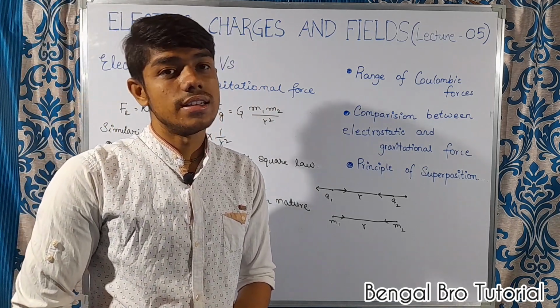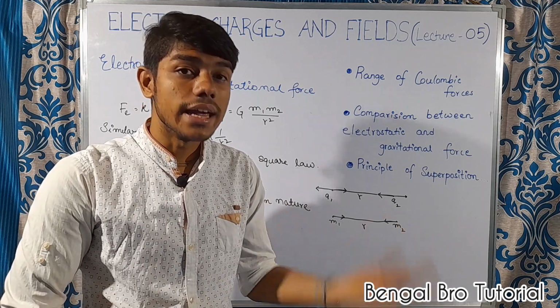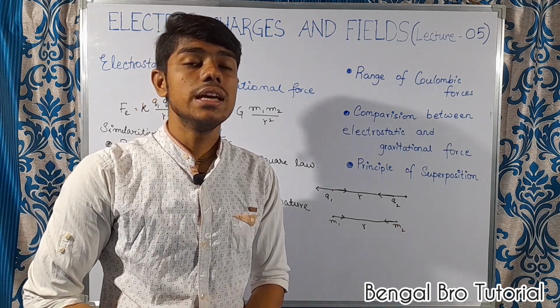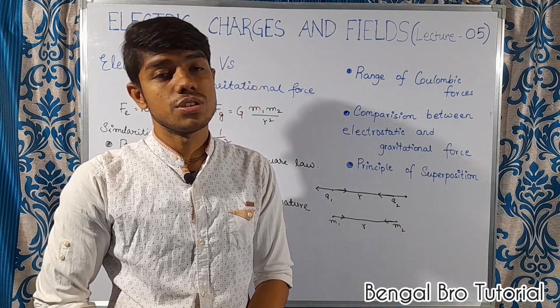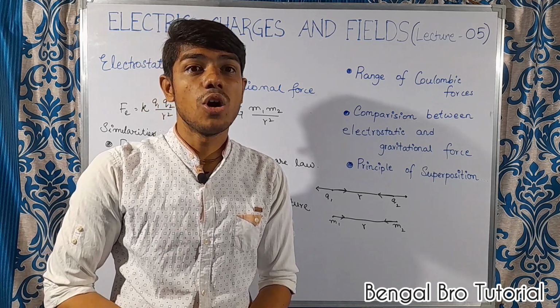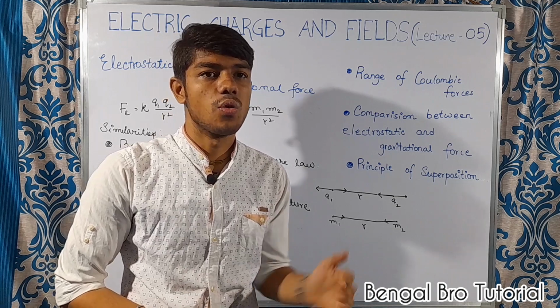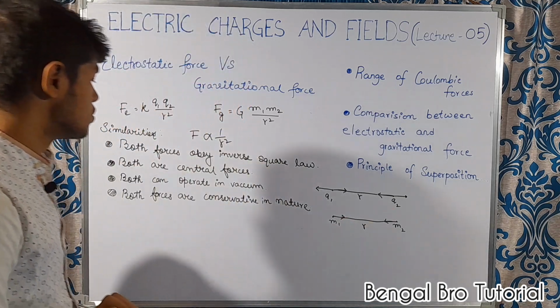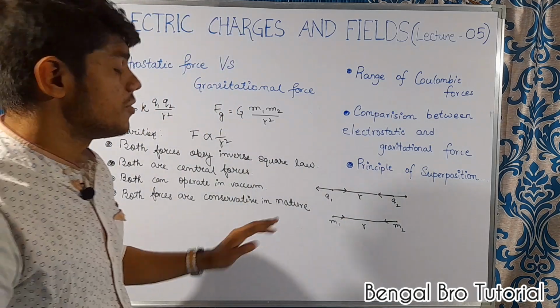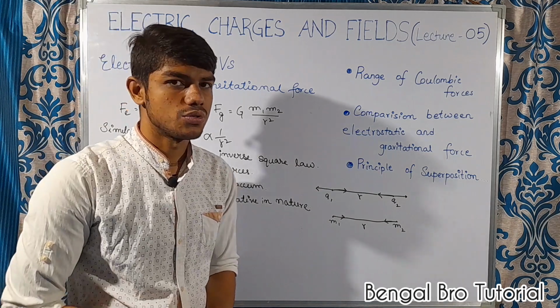The work done by these forces on any body will depend on the initial and final position of the two bodies and will not depend on which path the body is going through. So, this is the meaning of conservative nature of any force.